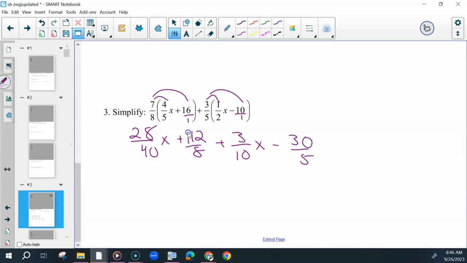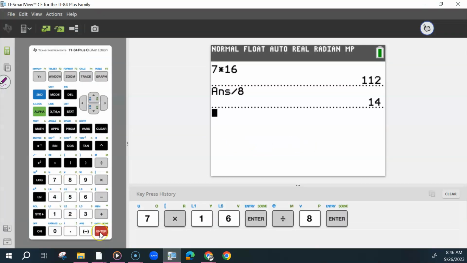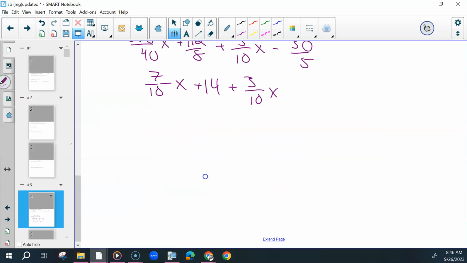There's 28 over 40, divide both by 7. I don't know why I said 7. That's not what I meant. I meant 4. The other was already simplified, and then this just becomes 6. So a little bit nicer.